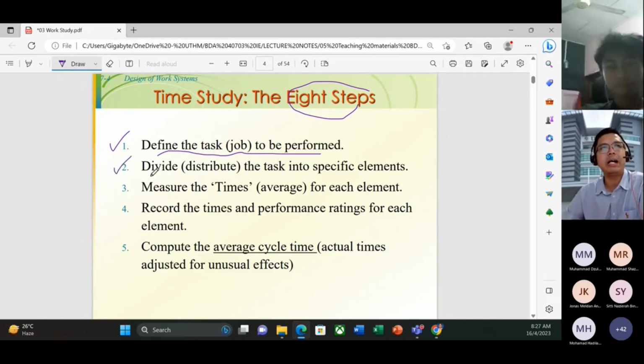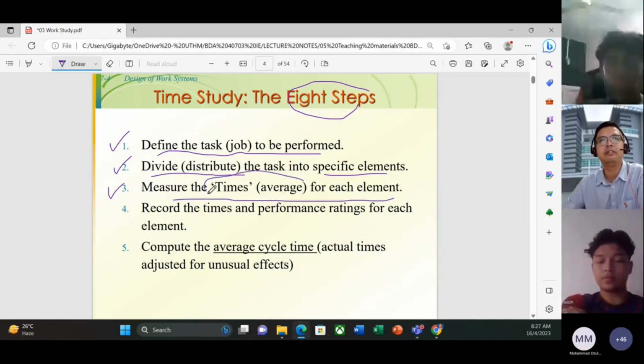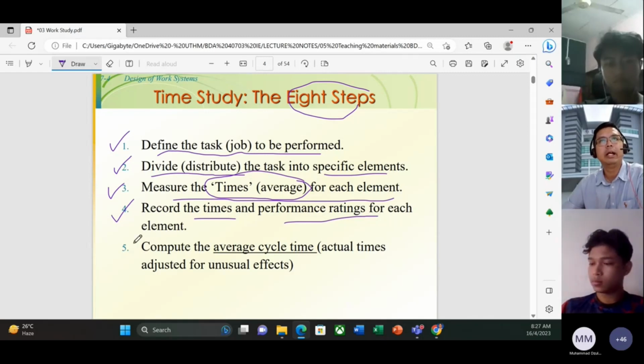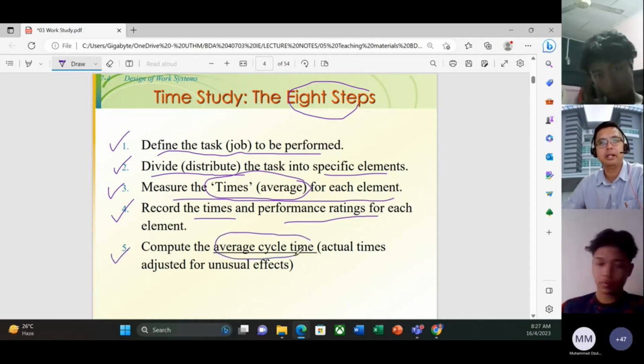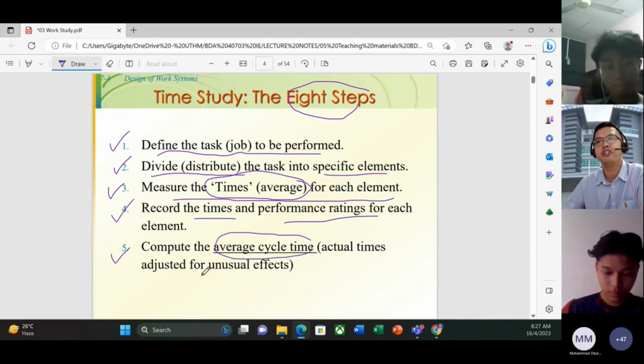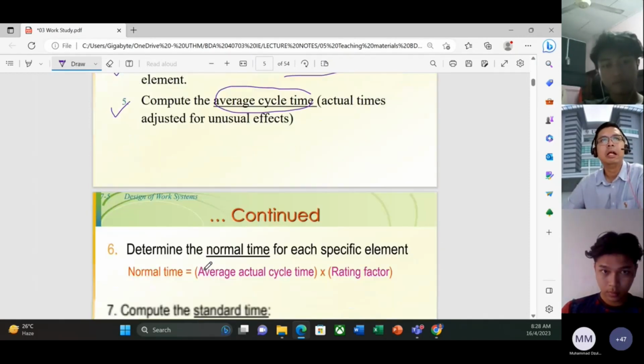Number two, we want to distribute the task into specific elements. And number 3, we want to measure the average time for each element. This is very important. Number 4, we want to record the time and performance ratings for each element. And number 5, we want to compute the average cycle time, the actual time adjusted for unusual effects.